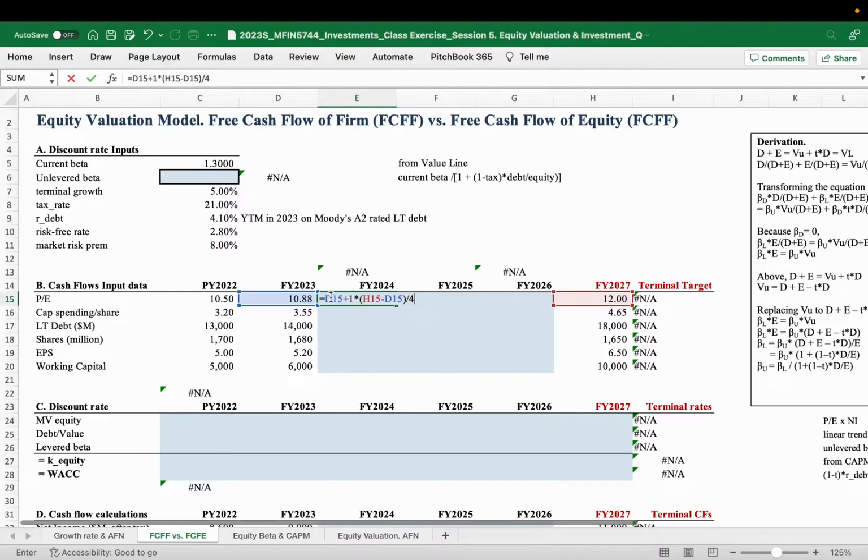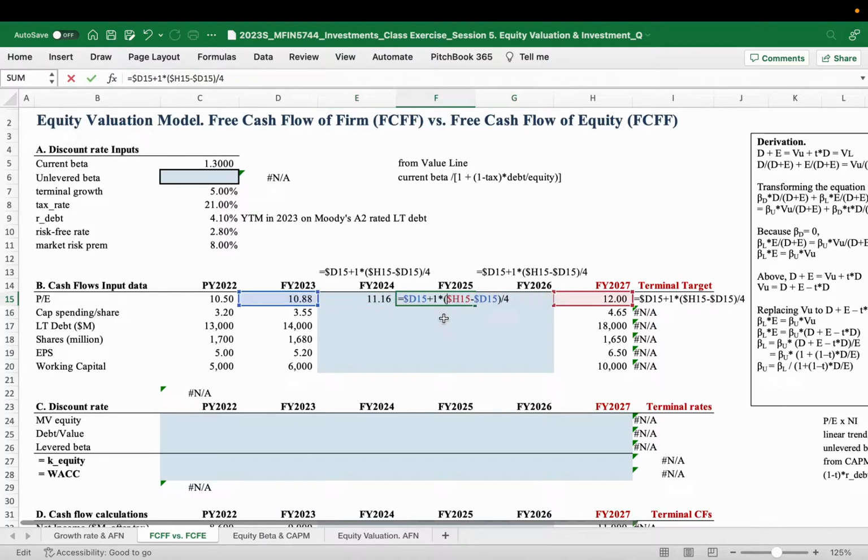And here we want to be very efficient by putting the dollar sign here and the dollar sign here. We want to fix this column cell, also this column cell, right, so that we can use this formula all the way down. And then we got this forecast.